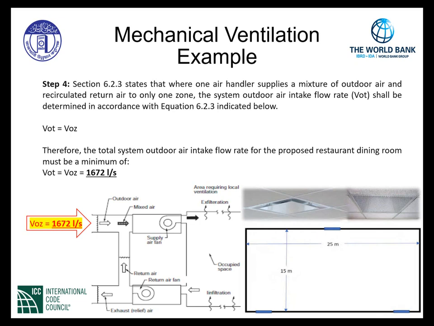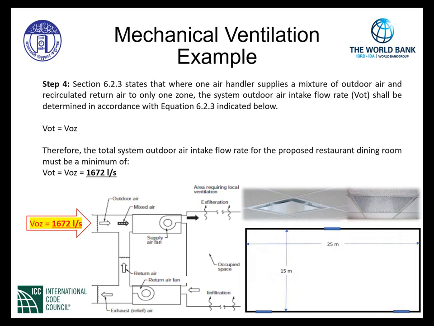As indicated in the graph, it will be designed and balanced such that we will provide this amount of outdoor airflow rate into the air distribution system, mixing it with return air, in this case, through the supply air fan and distributing it into the breathing zone accordingly.